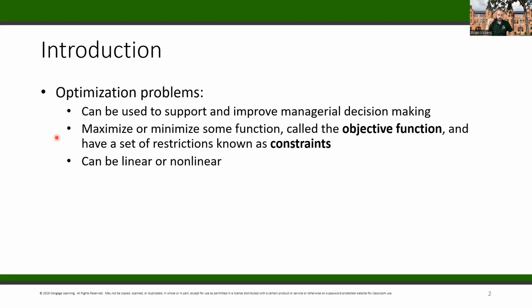A numeric value is going to be maximized or minimized. And this function that we're maximizing or minimizing is called the objective function. It's going to be a term you're going to see a lot, objective function. That's the objective. What are we trying to do, right? There's a series of restrictions put upon us, and those are known as constraints.